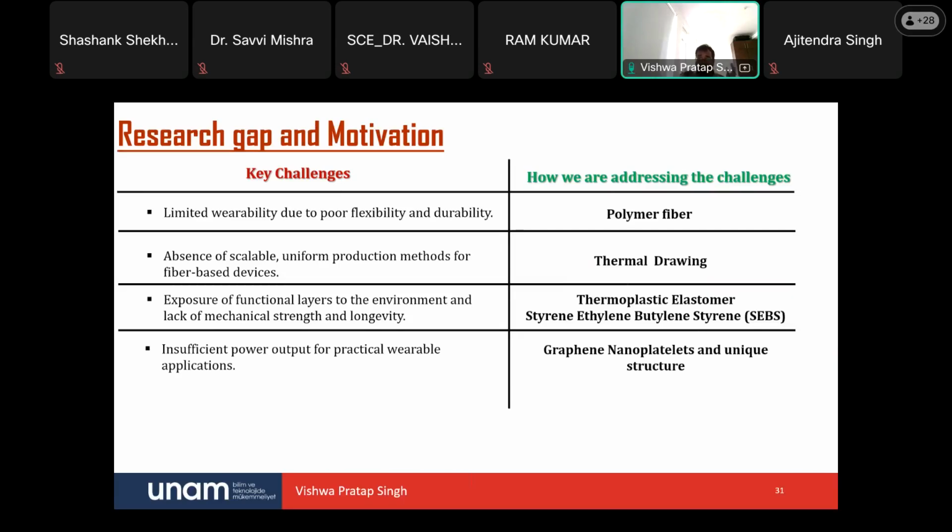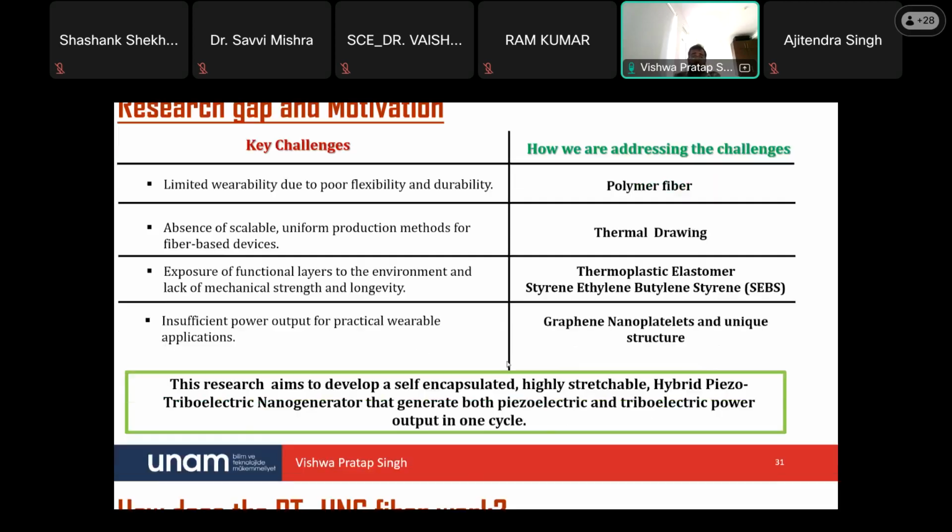We are using SEBS for flexibility, which we have already used previously. And obviously for novelty purposes, you need to search for other nanoparticles to get a higher surface charge density on PVDF. So again we used different nanoparticles in PVDF, and did the same thermal drawing, also using the styrene-ethylene-butylene-styrene rubber.